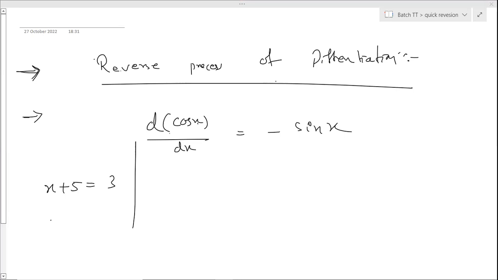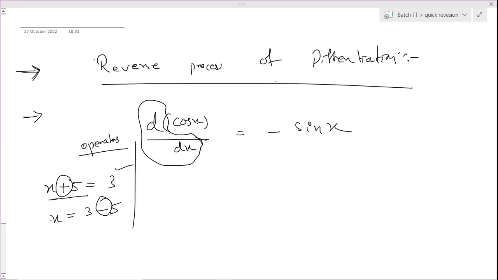As you explained, suppose I have written x plus 5 equals 3. So x will be equal to 3 minus 5. So plus and minus, they are operators, right? They perform a specific task. Same way, this symbol here, d upon dx, is an operator.